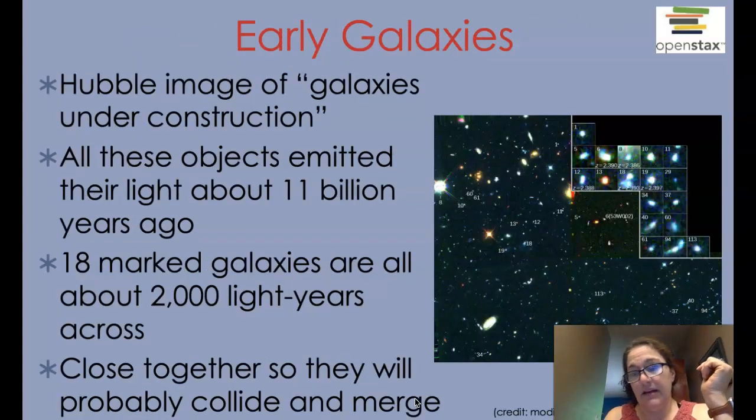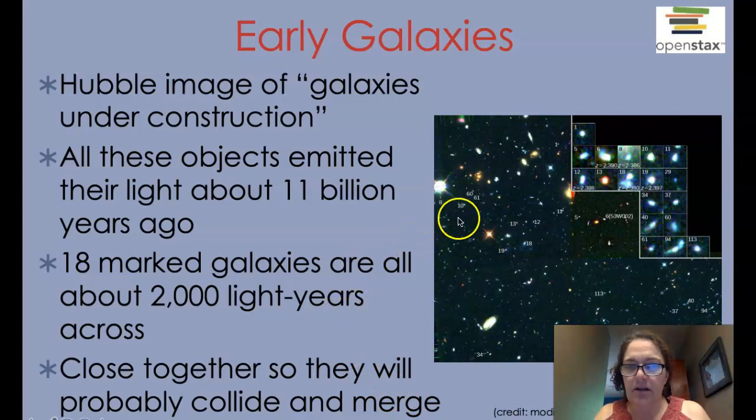Here we're looking at another Hubble image with galaxy under construction. There are several objects in this image that aren't numbered. They are all tiny galaxies. Most of them are about 2,000 light years across. Remember, the Milky Way is 100,000 light years across.